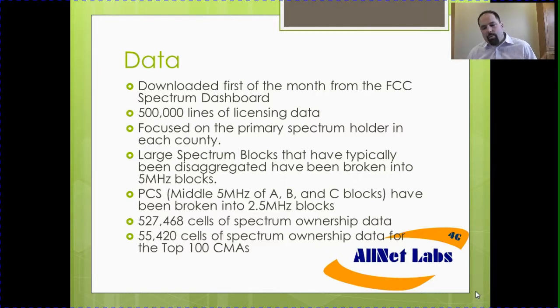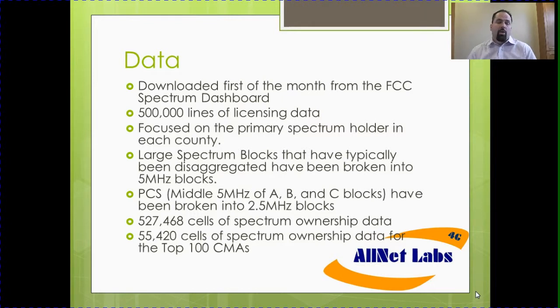Large blocks of spectrum, the 15 megahertz blocks in the PCS band, have been broken down into smaller blocks, and even the middle 5 megahertz block of the PCS spectrum has been broken down into 2.5 megahertz blocks, because a lot of that spectrum was split, where 2.5 of it, or 7.5 megahertz of spectrum, was handled between multiple carriers.